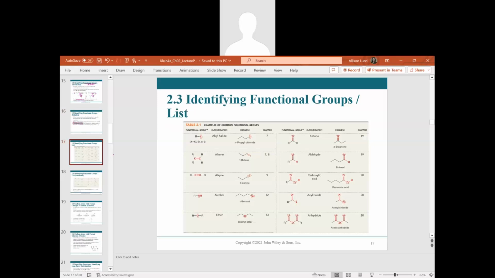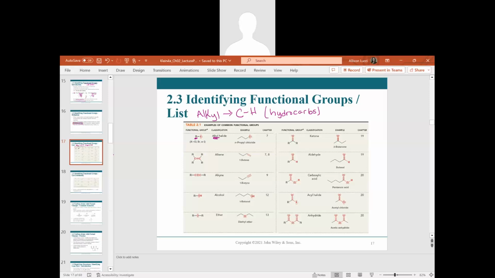We have one of the simplest compounds that we'll look at first here, something called an alkyl halide. The alkyl portion is this R here. Any type of alkyl group is just a series of carbons and hydrogens, in whatever pattern. So whatever hydrocarbons you have, we'll call these alkyl groups.